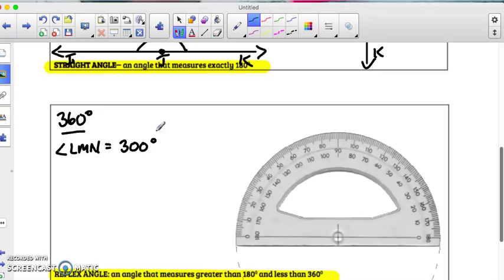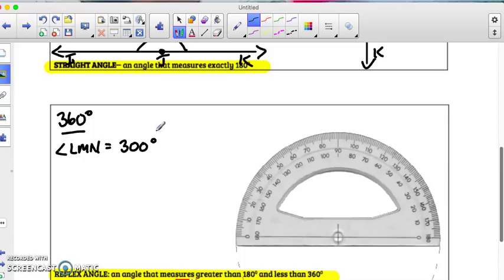Okay, so we want angle LMN equaling 300 degrees. Now ask yourself, how are you going to draw a reflex angle that measures 300 degrees? Pause it if you want to right now and think to yourself, and go ahead and construct it. But I'm going to continue here.